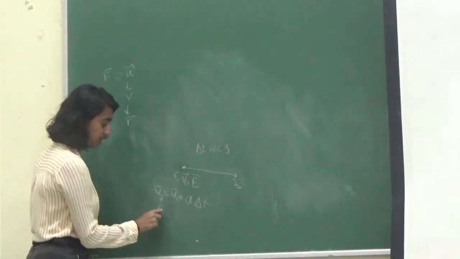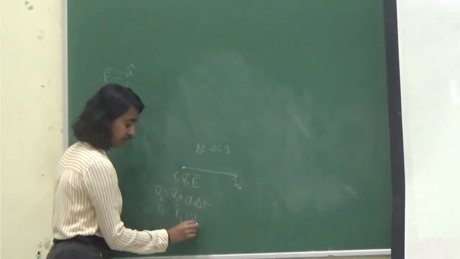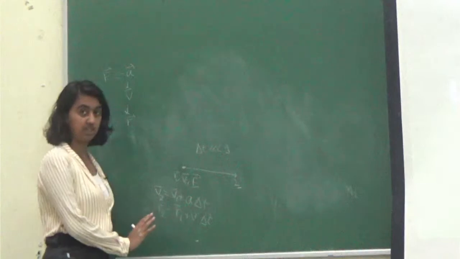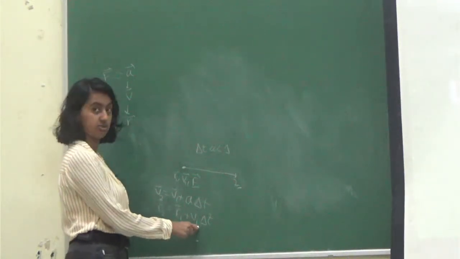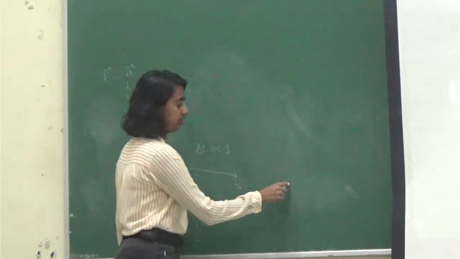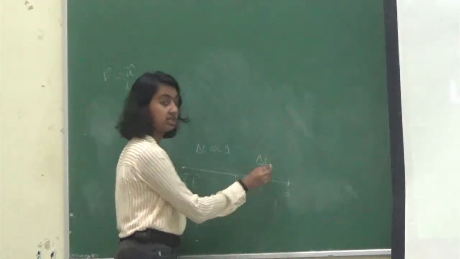Now R2 is equal to R1 plus V1 delta t. We use V1 because at first we only have V1. Then when we get V2 information, we use V2 to calculate V3 at this point after another small delta t.